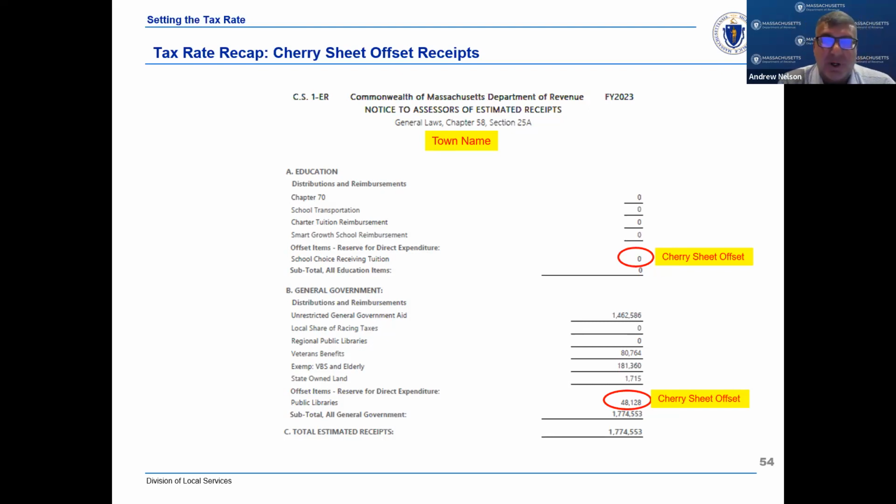Looks like they are part of probably a regional school district, so none of that money is flowing through to the community because they have a regional school. So they only have public libraries in this case. That 48,128 is what you're going to see on the cherry sheet offsets line of page 2.